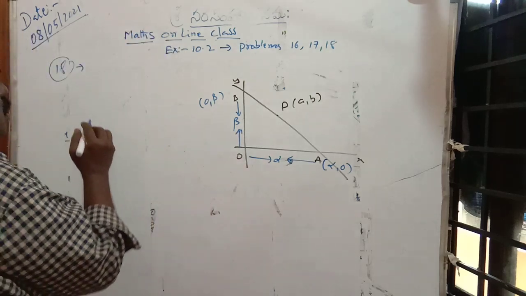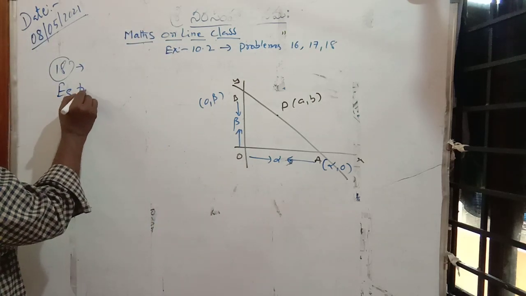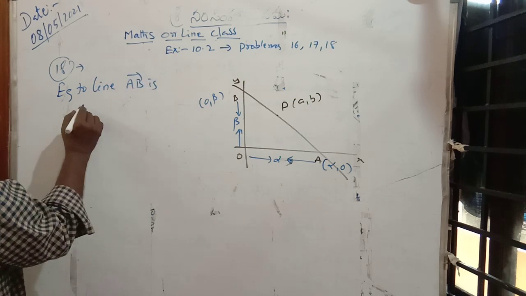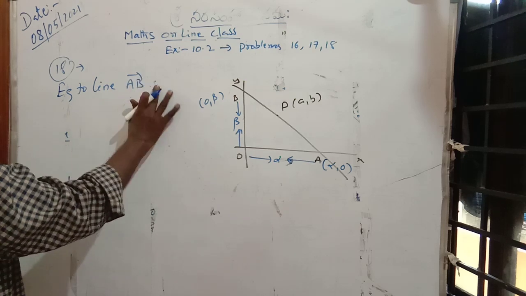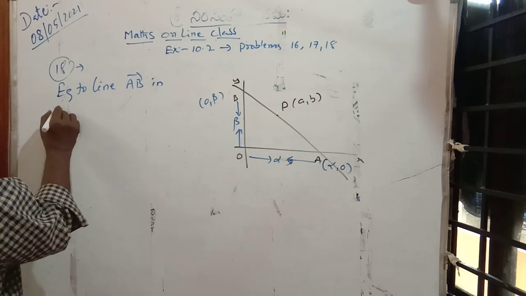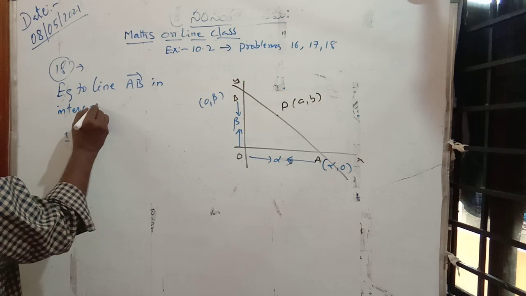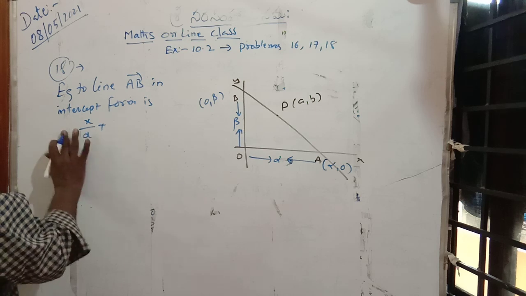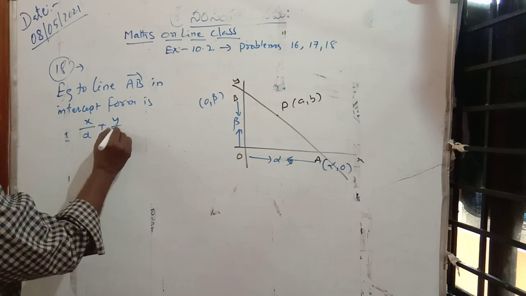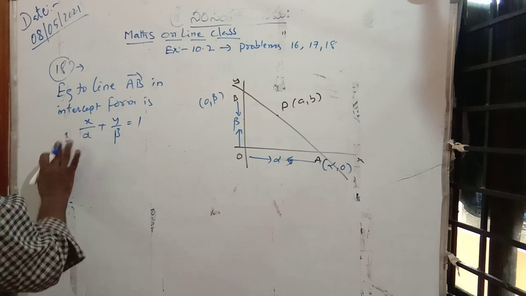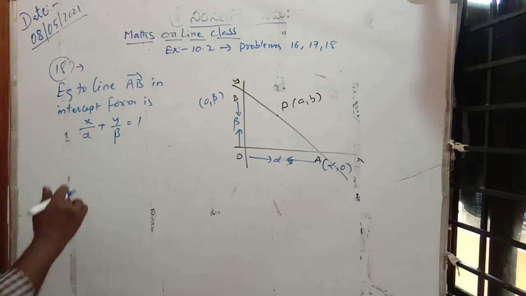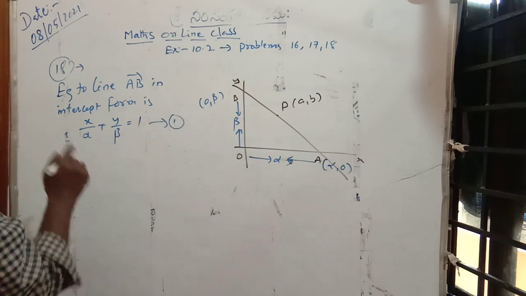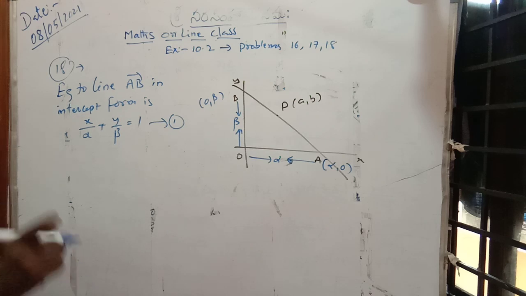Now you see equation 2. Line AB is in intercept form: x by alpha plus y by beta is equal to 1. Is it correct? Say it is some equation 1. Actually this is equation 2, line AB, that is what we required.